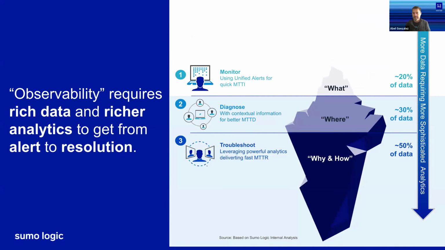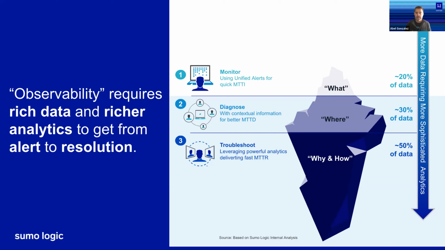And as we look at observability, that allows us to now troubleshoot and monitor these new applications. It's not just about the telemetry that we're collecting. It's about the rich analytics of how you make use of that data to go from monitor to diagnose what the problem is, and then troubleshoot by using this rich data set of logs and traces that really get to the root cause in a very quick way.